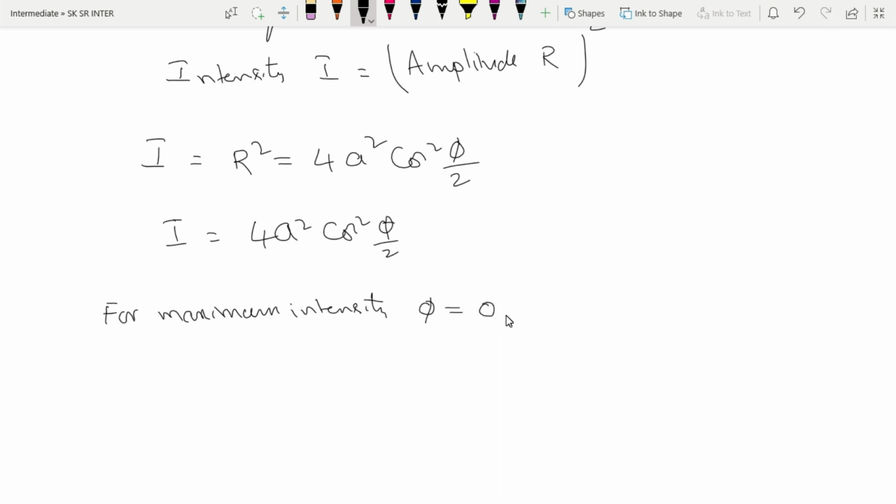At the next situation, phi is equal to 2 pi. If I put 2 pi here, 2 gets cancelled, cos pi will be -1. -1 square means 1, again I is equal to 4a square. Then 2 pi, 4 pi, 6 pi and so on for maximum intensity.